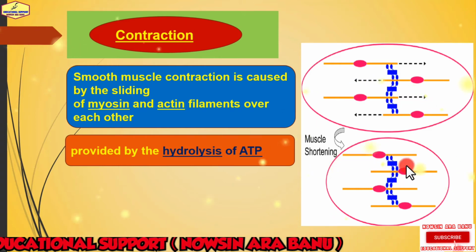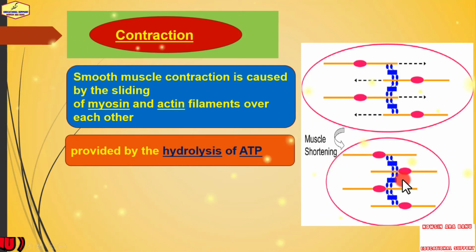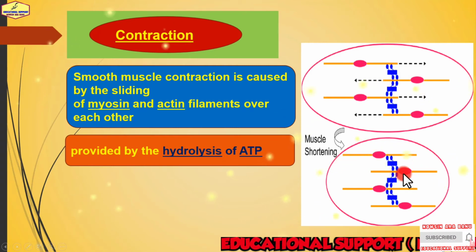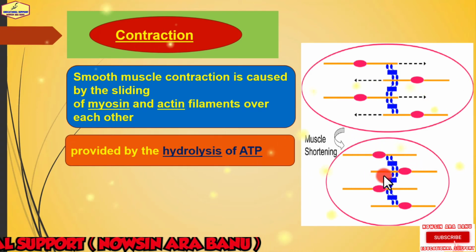The movement of the filaments happens when globular heads projecting from myosin filaments attach and interact with actin filaments to form cross bridges.